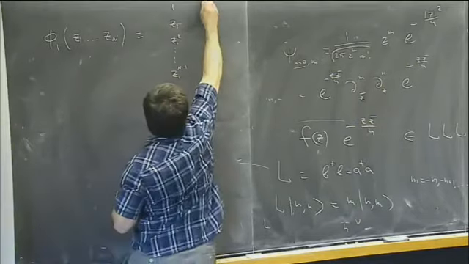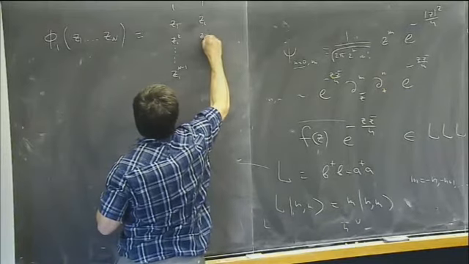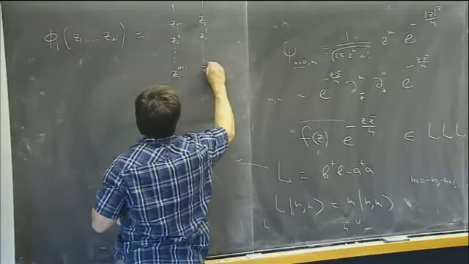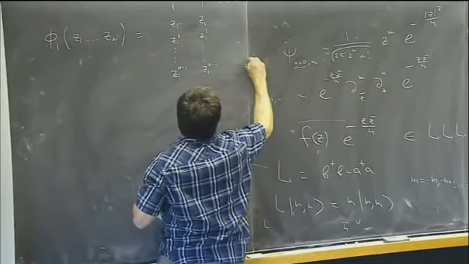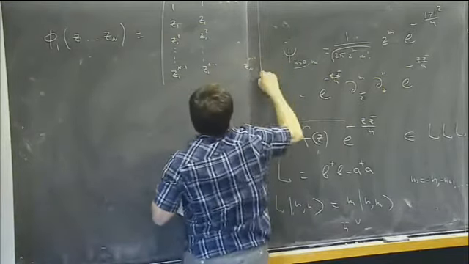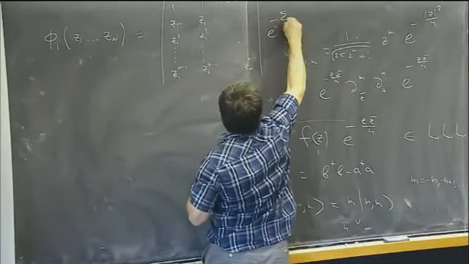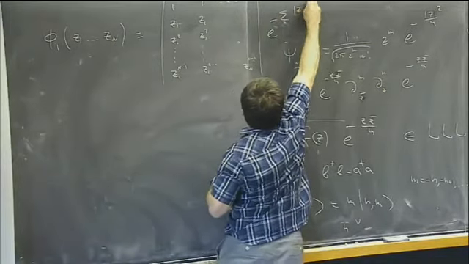And now I'll do the same for the second particle. Then I take the determinant of this and multiply by e to the minus sum of |z_i| squared over 4.